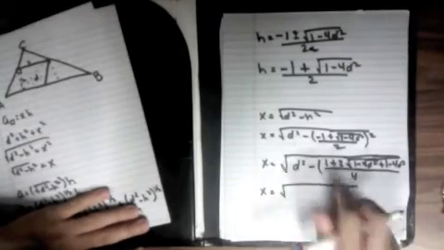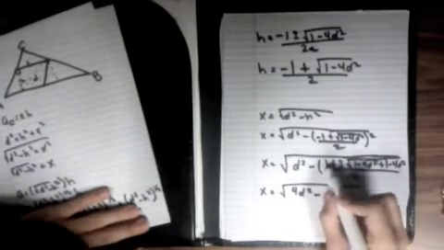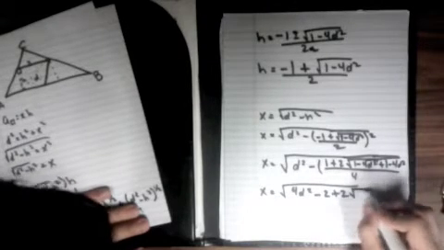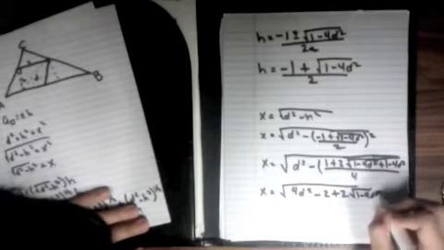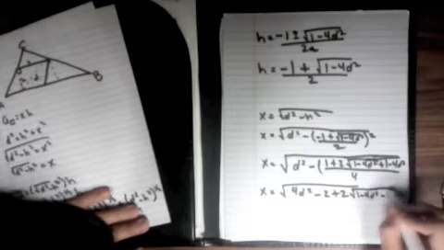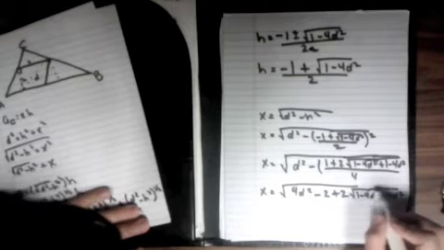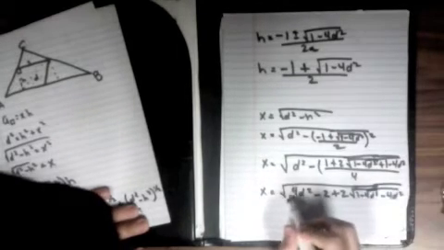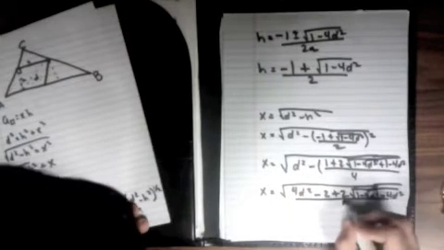And this would be x is equal to the square root. We find a common denominator, so it would be 4d squared minus 1 plus 1 is 2 plus 2 square root of 1 minus 4d squared minus 4d squared, over 4.